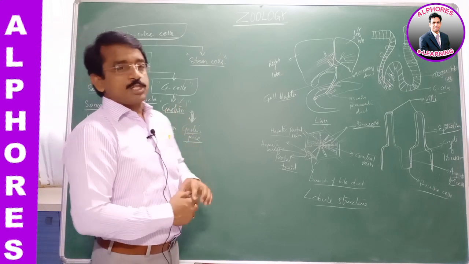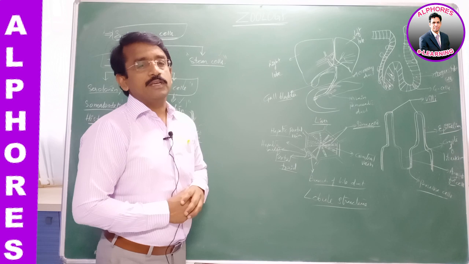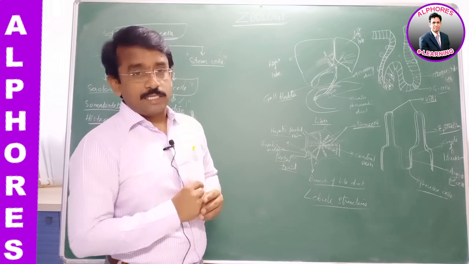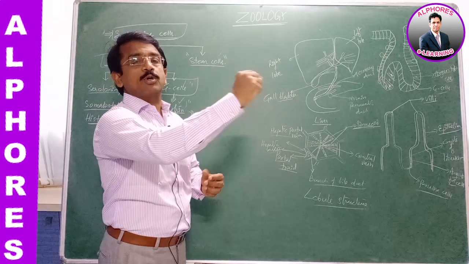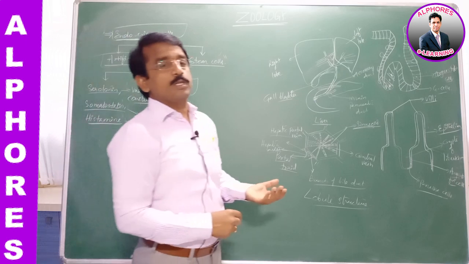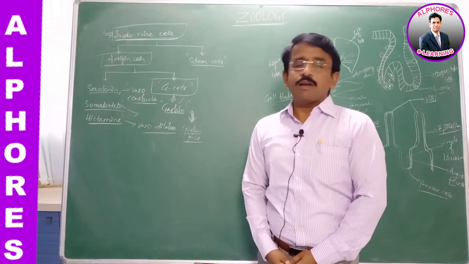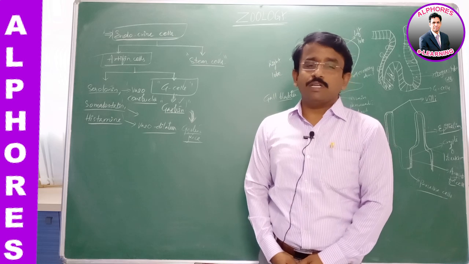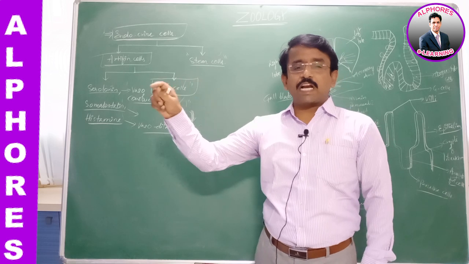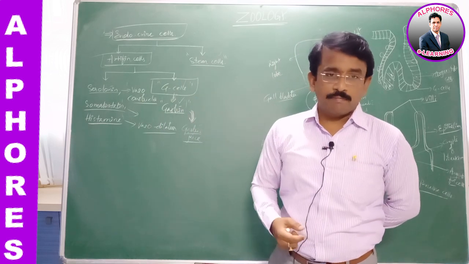Same like the gastric glands, intestinal glands are also named to be the internal glands, internal exocrine. Why? We have already discussed that exocrine means the glands which are with ducts and they release their secretions into their respective regions.